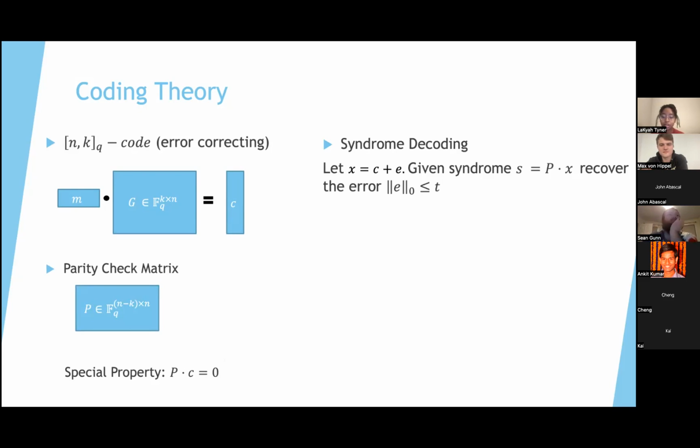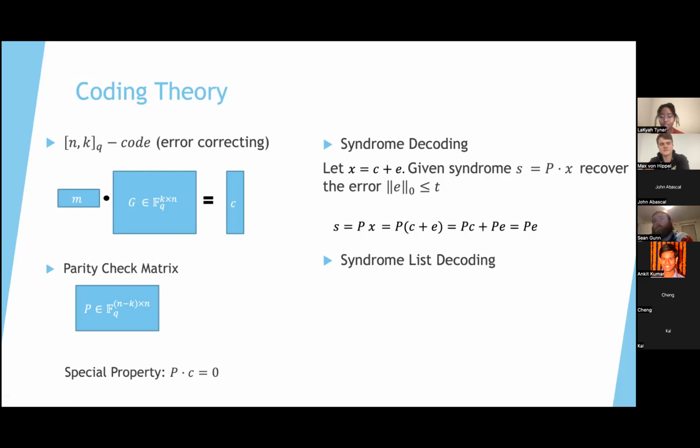So let X equal a code word C plus some error vector E. Given the syndrome S equals P times X, we are able to recover an error such that the Hamming weight of that error vector is less than or equal to T. It's not immediately apparent how we can recover this error vector E just based solely on this syndrome P times X. But if we do a little bit of substitution, then we can see that our syndrome is actually reliant only on our parity check matrix P times our error vector E. And this relationship is what actually allows us to recover that error vector.